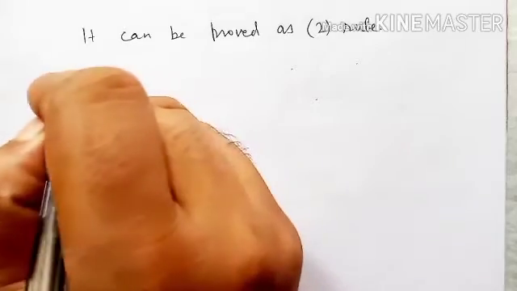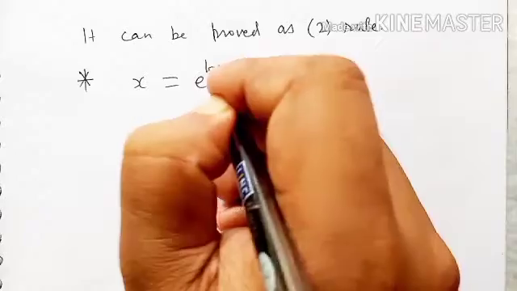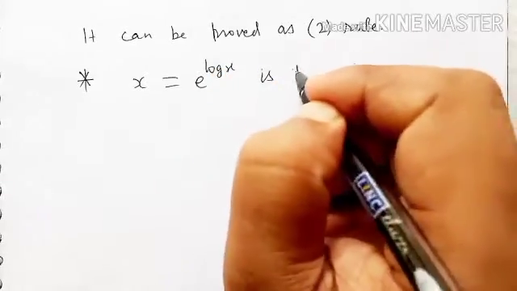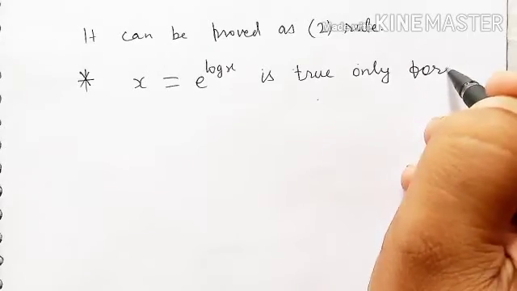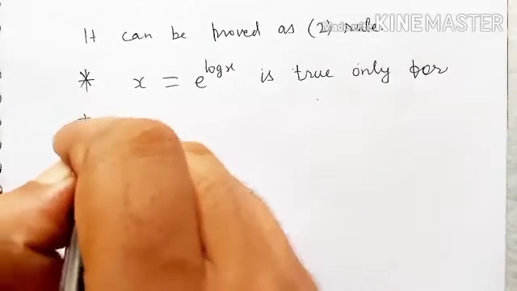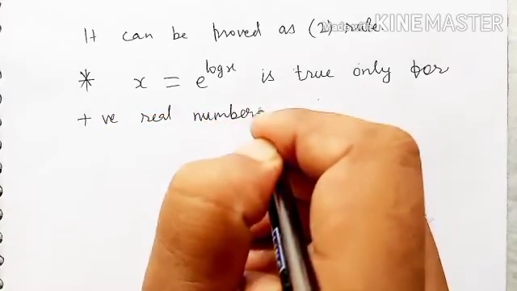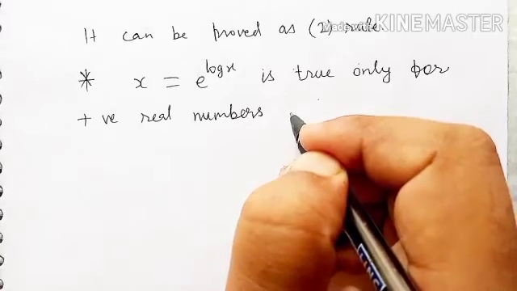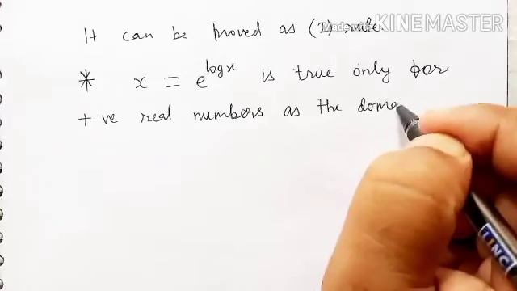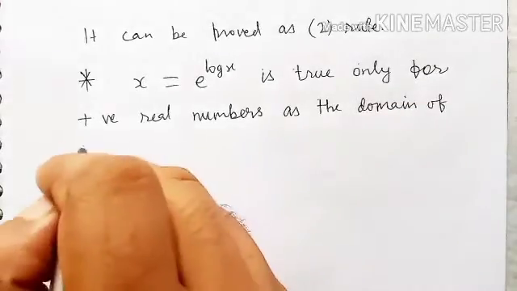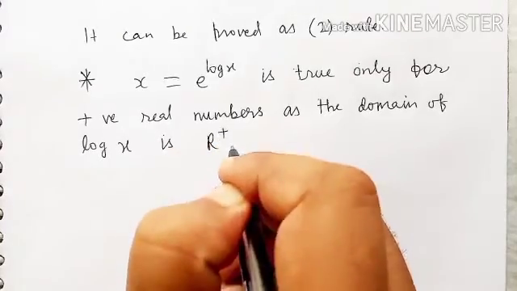We have a property that x is equal to e to the power log x, which is true only for positive real numbers, as the domain of log x is the set of positive real numbers.